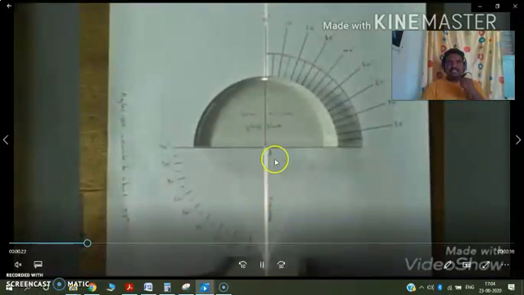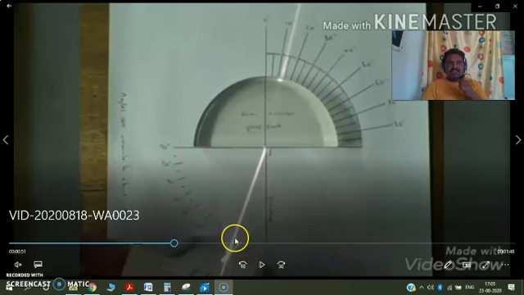We arranged the semicircular glass. Here is the source of light, the ray of light traveling from rarer medium to denser medium. This is the denser medium, the glass disc. Now the angle in the rarer medium is 10 degrees, and in the denser medium it is 6 degrees.